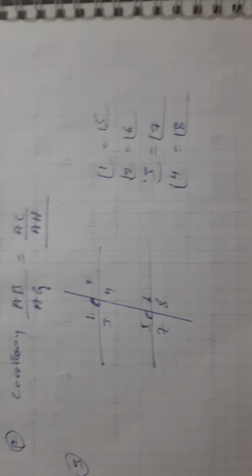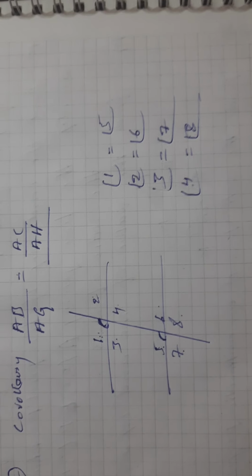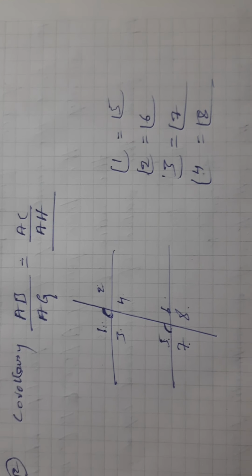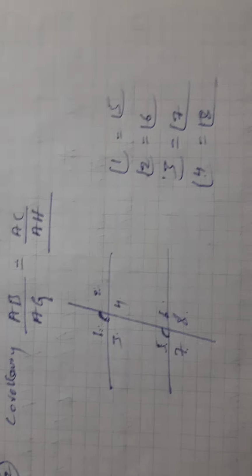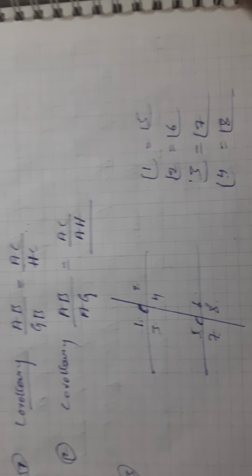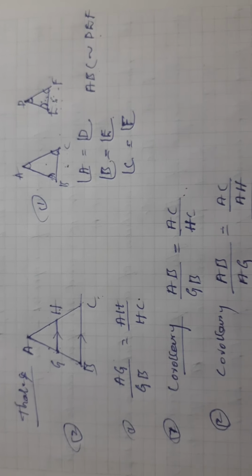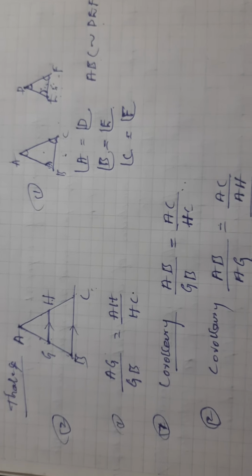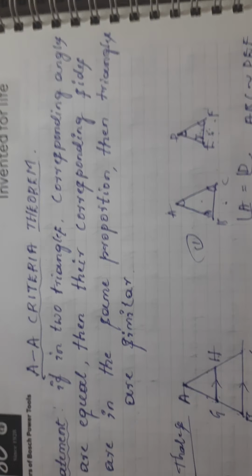These are all corresponding angles, and corresponding angles are equal. These are the three important basics you have to remember to prove this AA criteria.